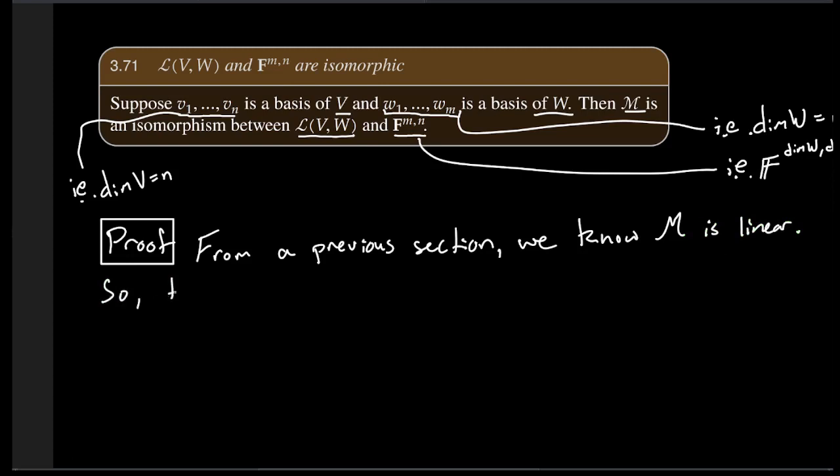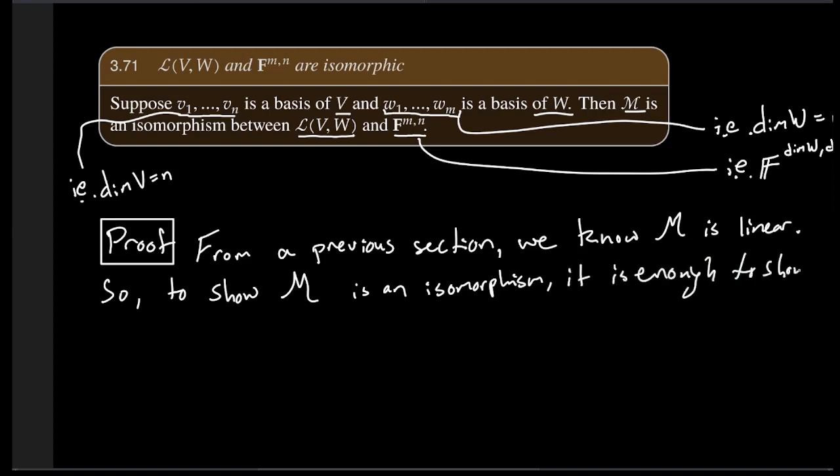So, to show M is an isomorphism, it is enough to show that M is injective and surjective.